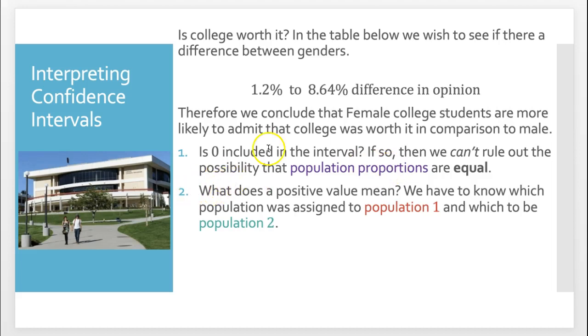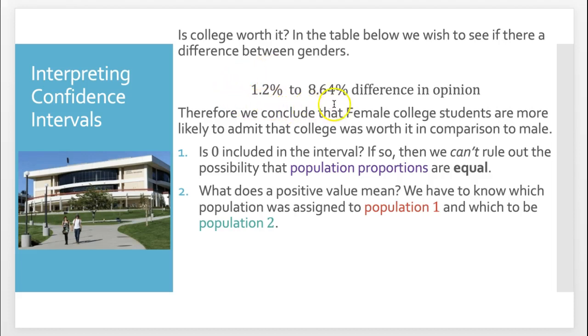In this case, what we got is that they're all positive values, so they're all greater than 0. What does a positive value mean? We have to know which population was assigned to population 1 and which to population 2, because we're doing population 1 minus population 2. I did proportion of female minus proportion of male, so the only way that difference is positive is if the proportion of female is greater.